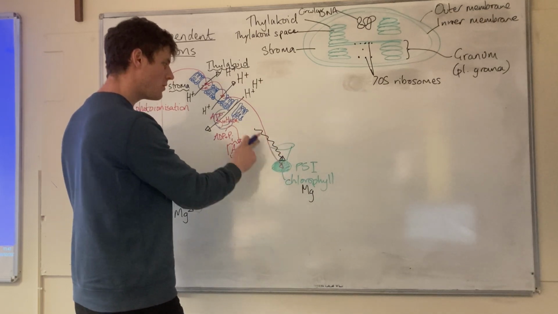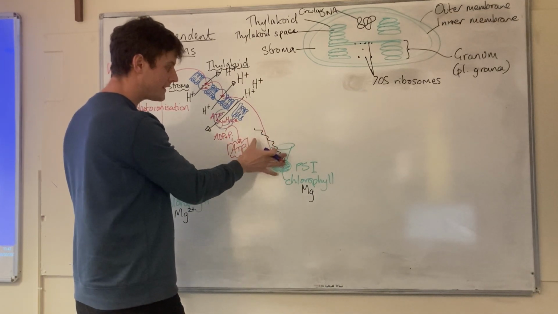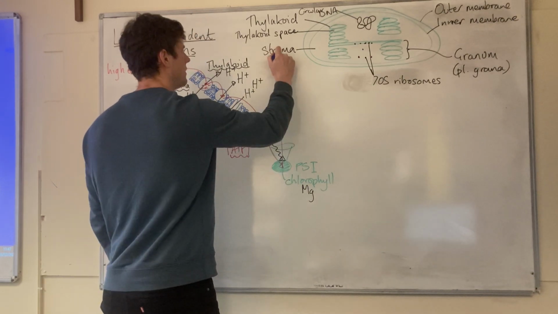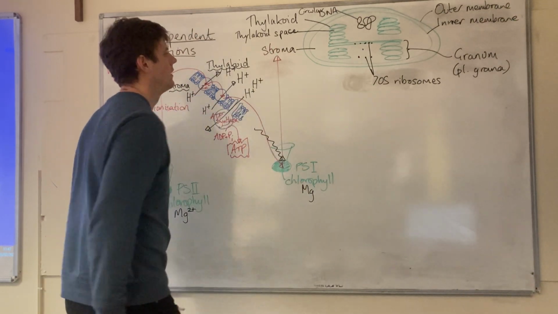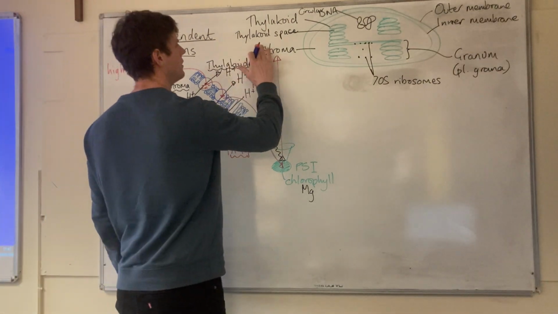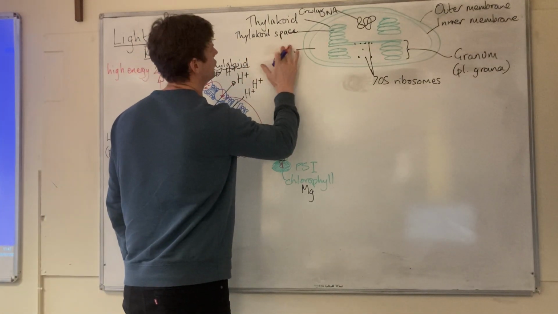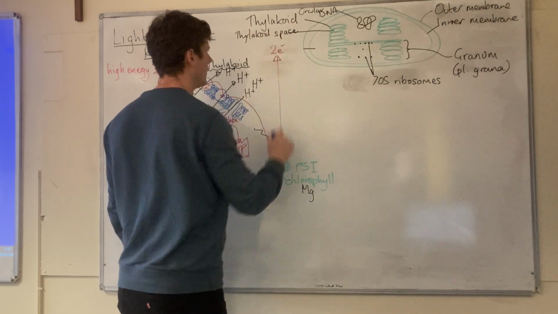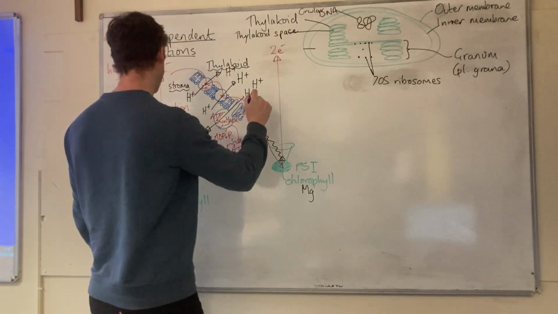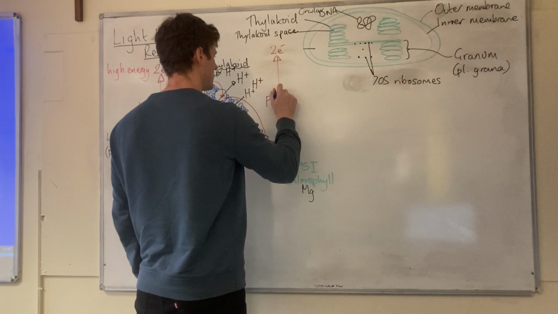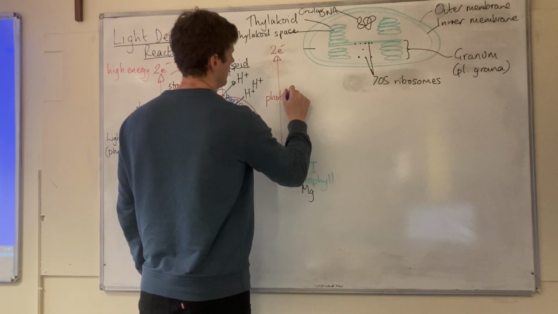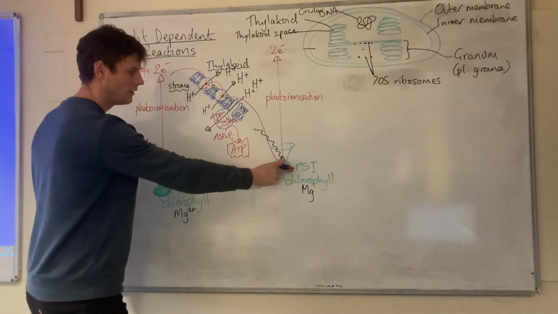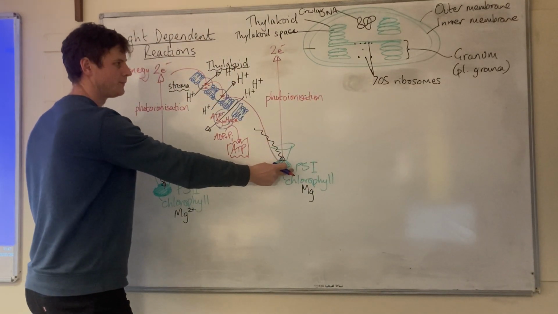So we have photoionization. So light energy, photons, ionize the magnesium. And those electrons, I'm just going to have to rub out the stroma a bit there, are photoionized again. So we have that second photoionization of the chlorophyll found in photosystem 2.